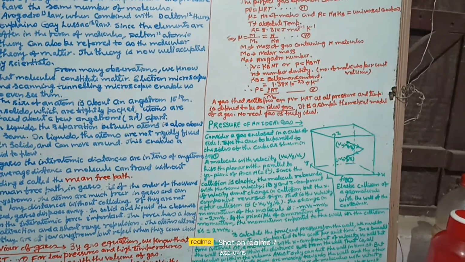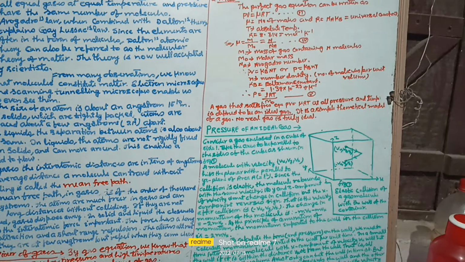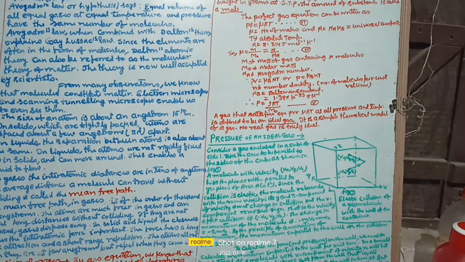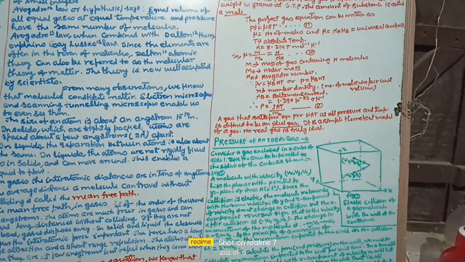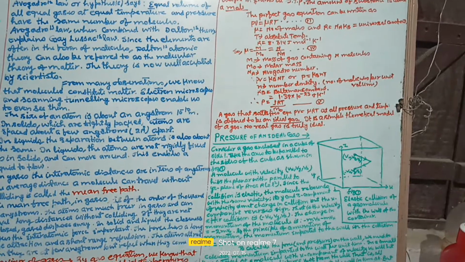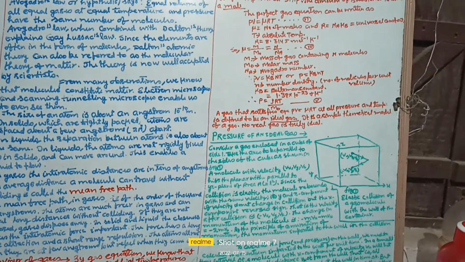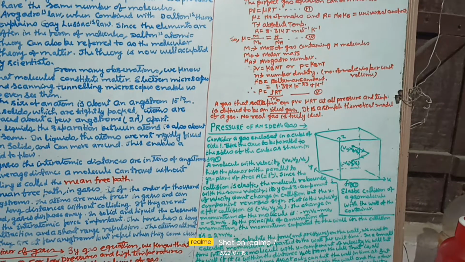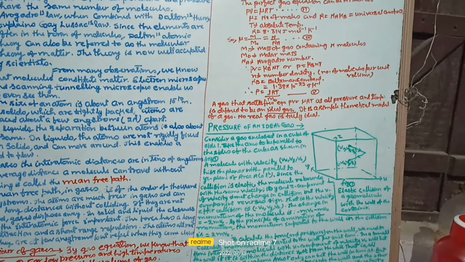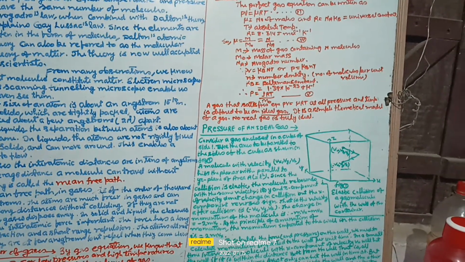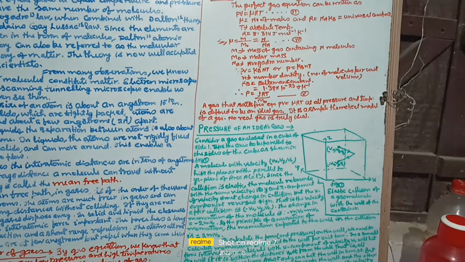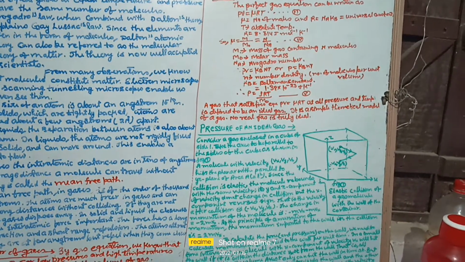Since the collision is elastic, the molecule rebounds with the same velocity. Its y and z components of velocity do not change in the collision, but the x component reverses sign.